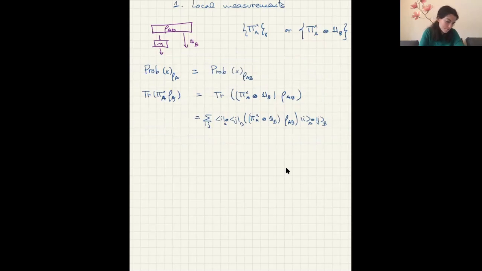So now we know that this acts only here and this acts only there, and the same on the other side.